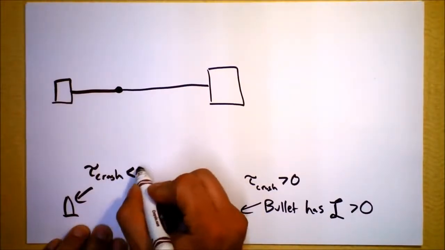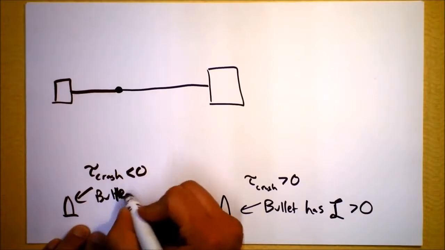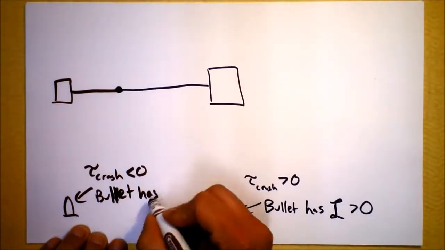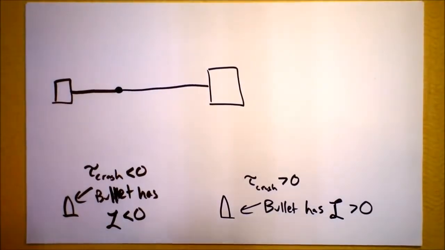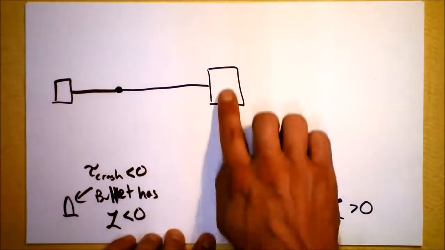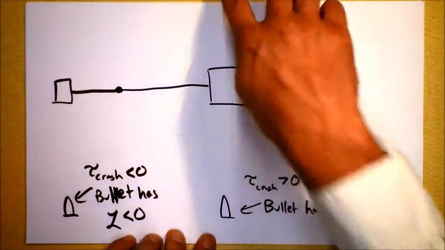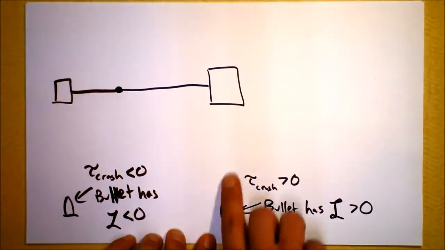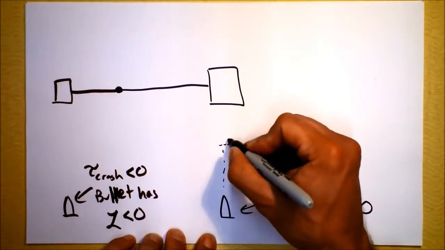So the torque of the crash is less than 0, and you'd have to admit that this bullet has angular momentum less than 0. So it has something to do with its location relative to the axis of rotation. This one right here has a positive angular momentum, and in fact, regardless of where it is on its path, as it's going this way, it's going to be up here in a little bit.